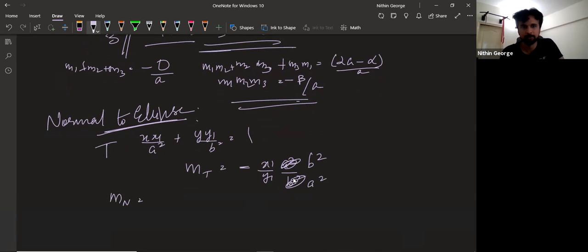This is the tangent. Okay. So the slope of the tangent we found in y equal to mx plus c form. Put it. So the slope of the normal will be y1 a square by x1 b square. Okay.